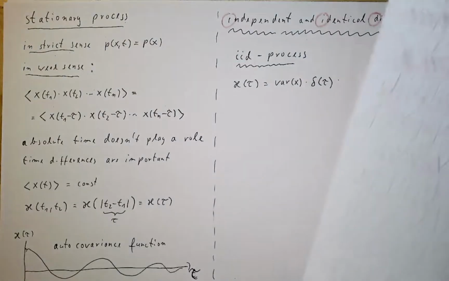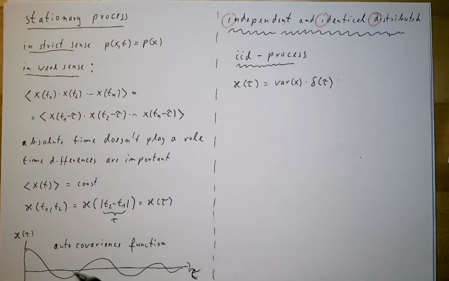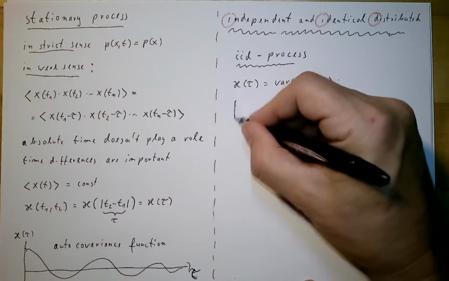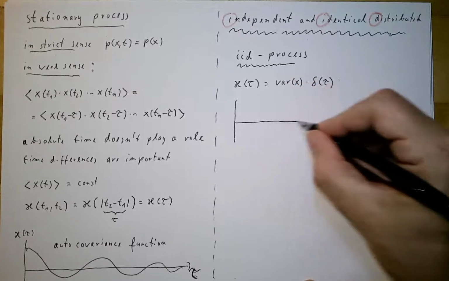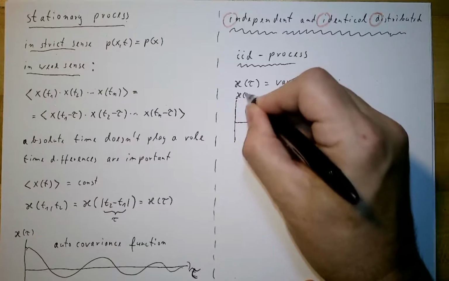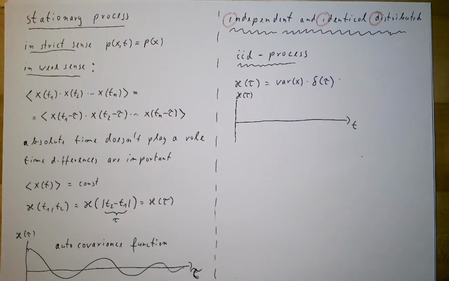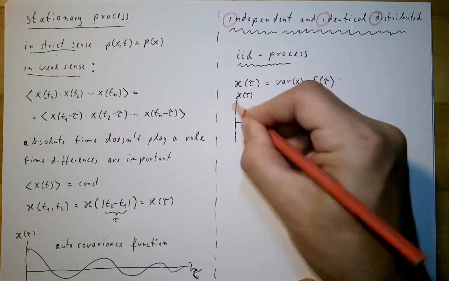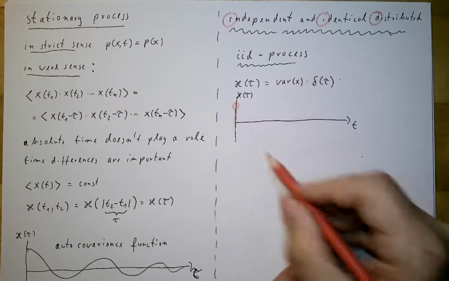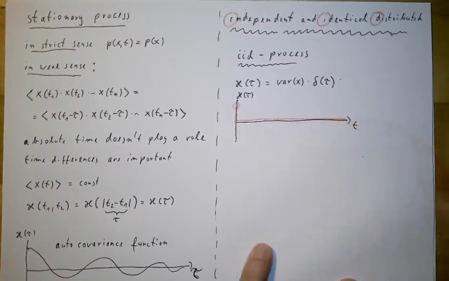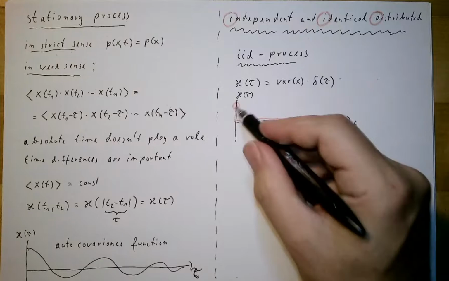So this now would be an autocovariance function kappa of tau, which for 0 has a certain value. So that's the variance at point 0, and then for all other values, this kappa is 0.